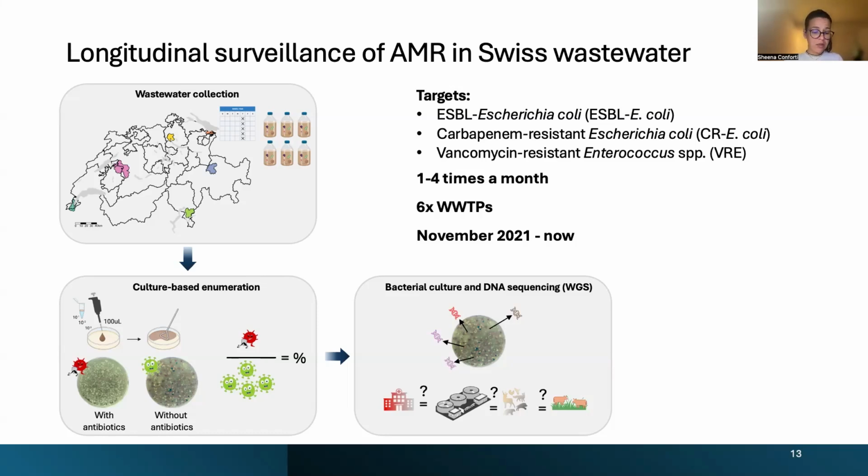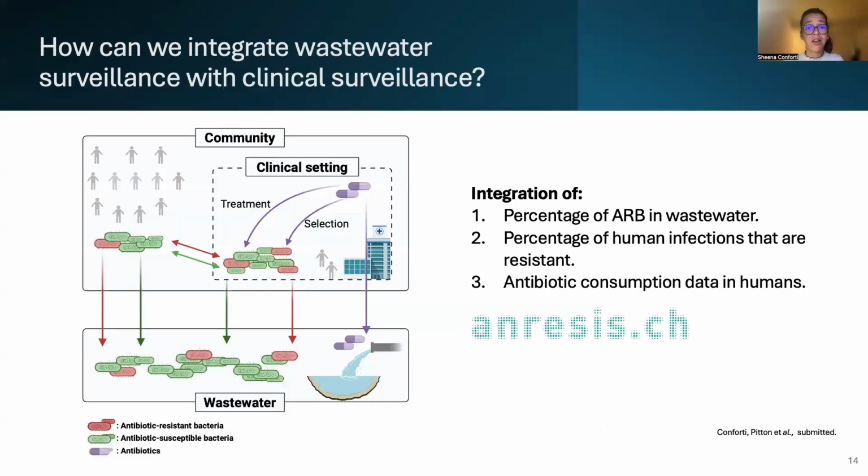And so the first study I would like to present to you is very recent. We just submitted it last week, and it was a collaboration with ANRESIS, which is the AMR surveillance network in Switzerland. And so how did we integrate our wastewater data with clinical surveillance? Because as I said before, this is one of the most important points to make wastewater-based surveillance really relevant at policy level.